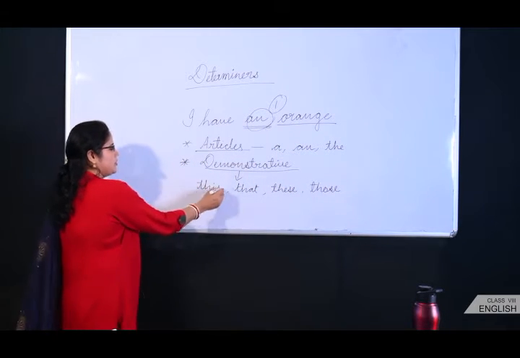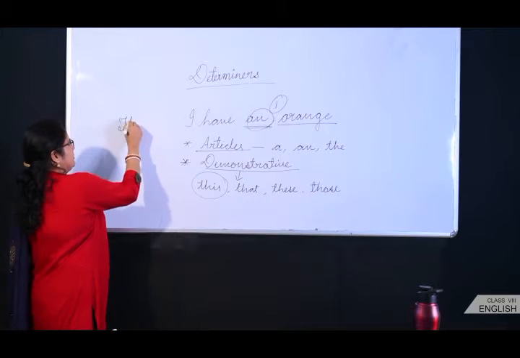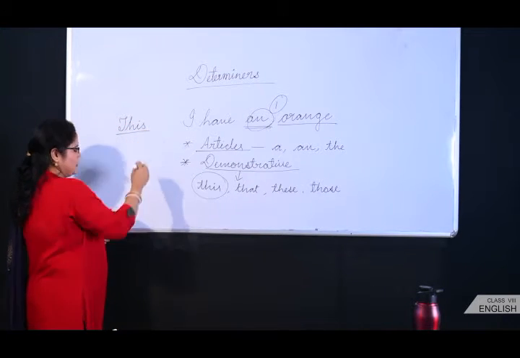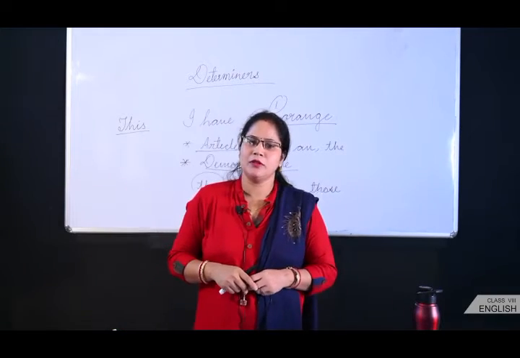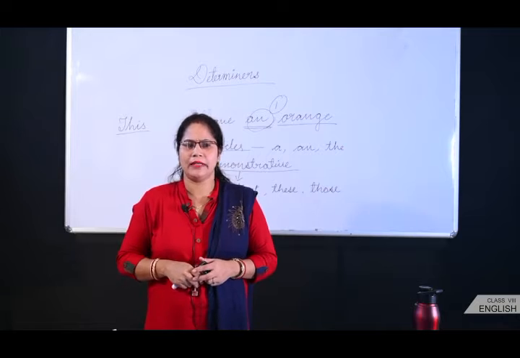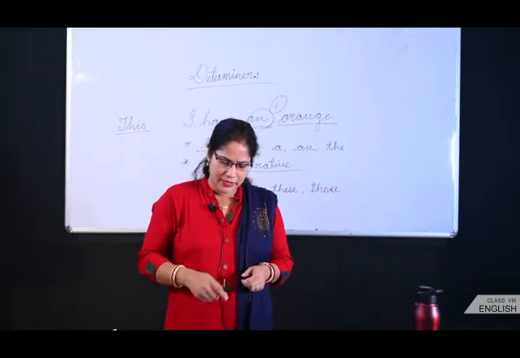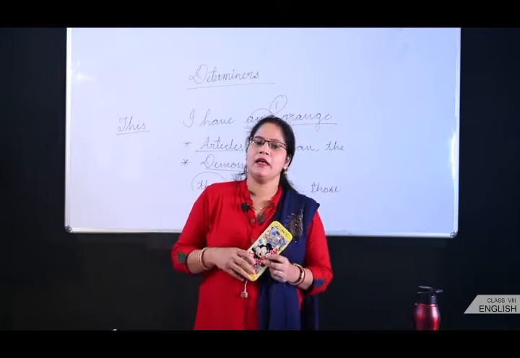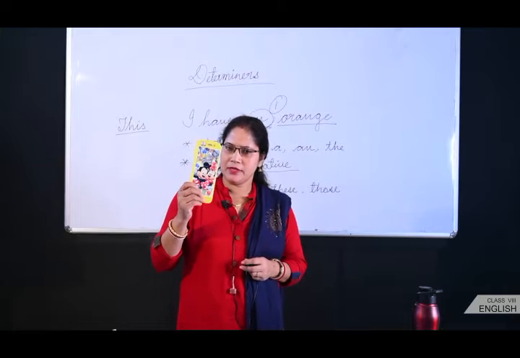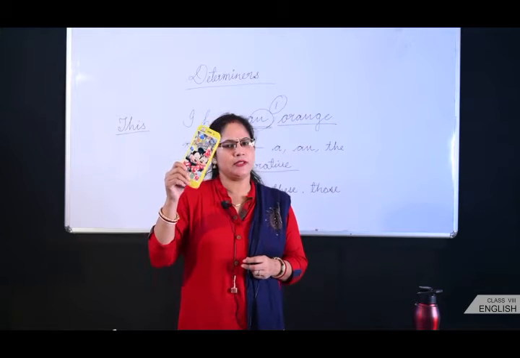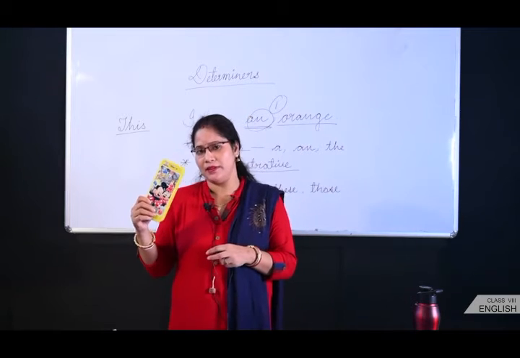Here, the first one, this. This refers to a singular noun that is close by. Suppose here is a geometry box, and a geometry box is singular. Only one geometry box is there. It's a singular noun and it is close by me.